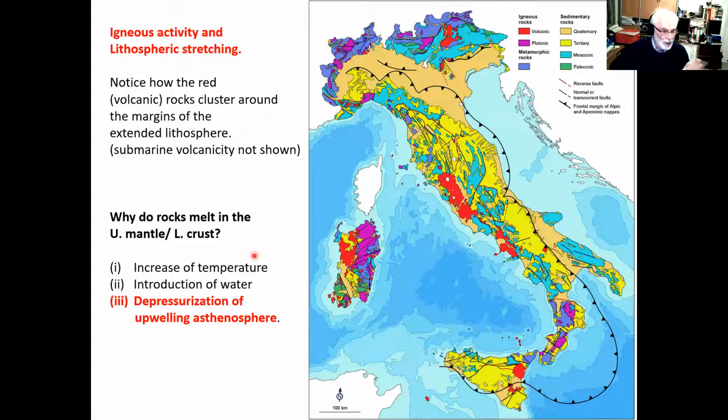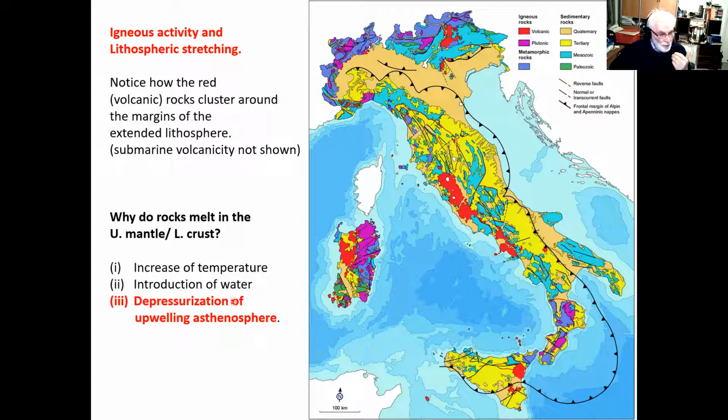First of all, if you increase the temperature, that can cause melting. Then if you introduce water, which is the usual argument for a conventional oceanic subduction zone, introduce water into the overriding plate, that will lower the melting temperature and cause the generation of large quantities of melt.